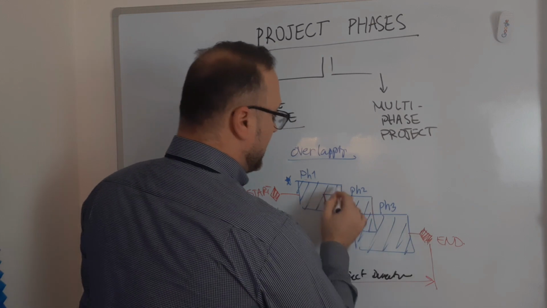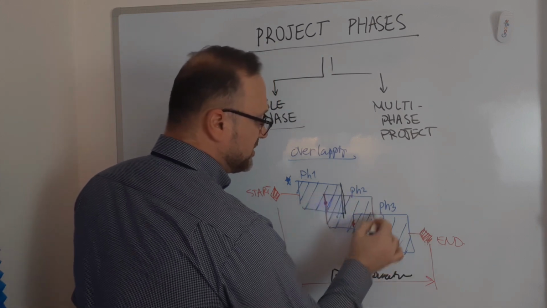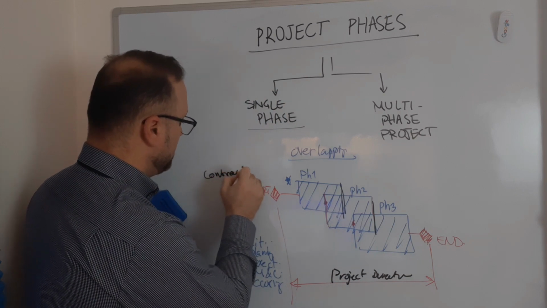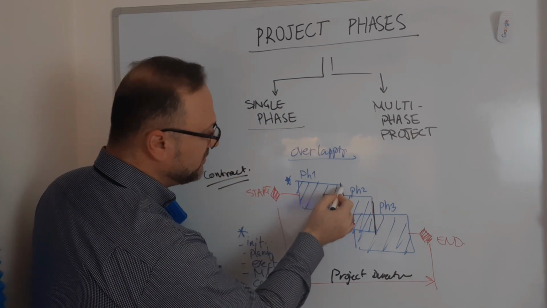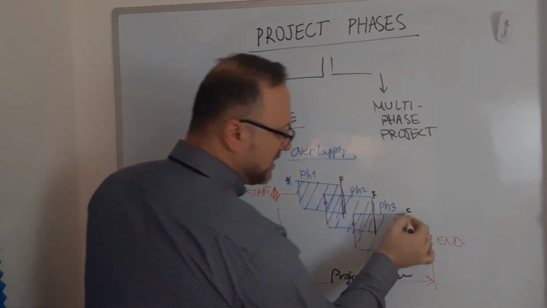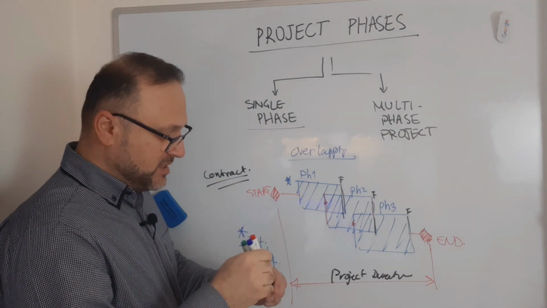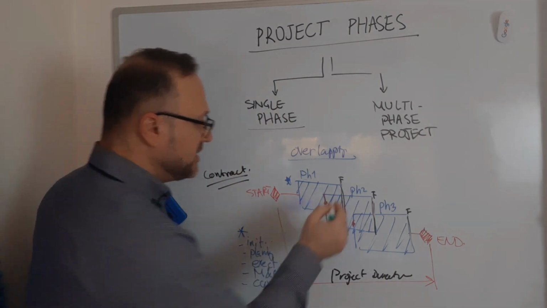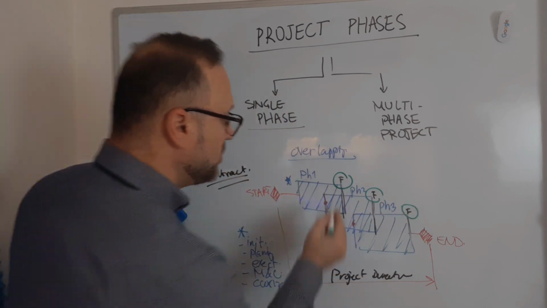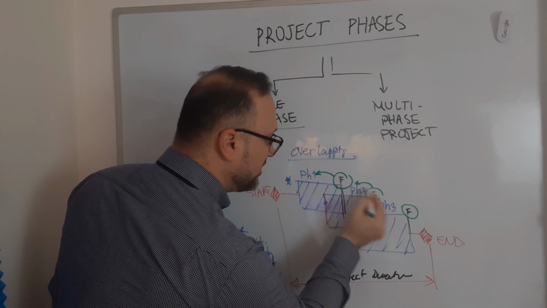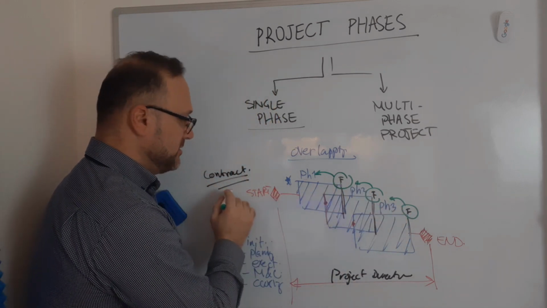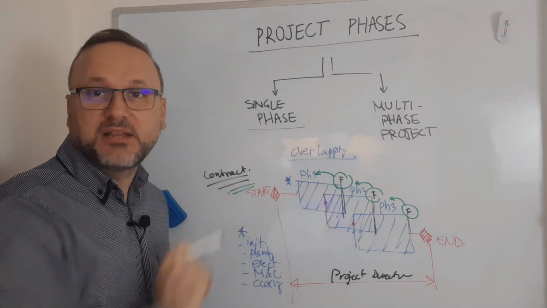And be careful, the end of each phase describes in the contract what is to be delivered. So I have the finish of phase 1 and phase 2 and phase 3. I have to be careful that these finish milestones of each phase, I will just refer to it here, are described in the contract as what is to be delivered.